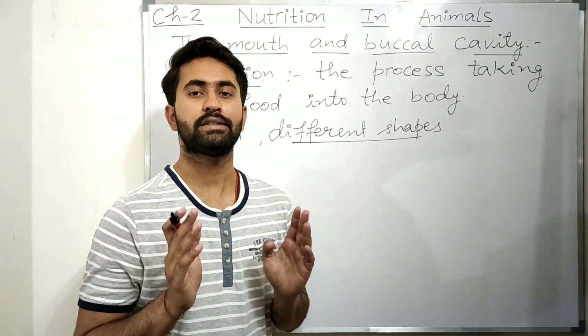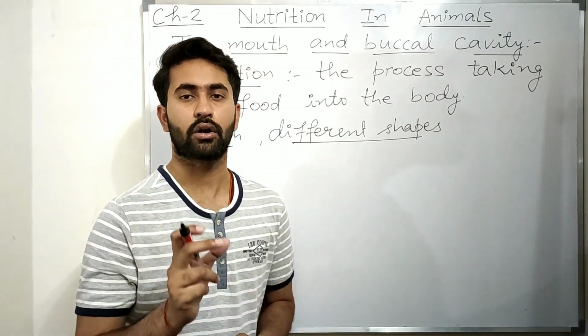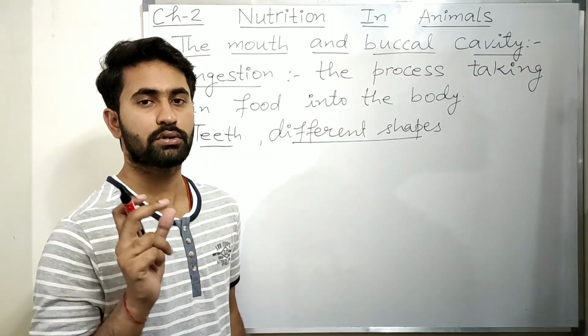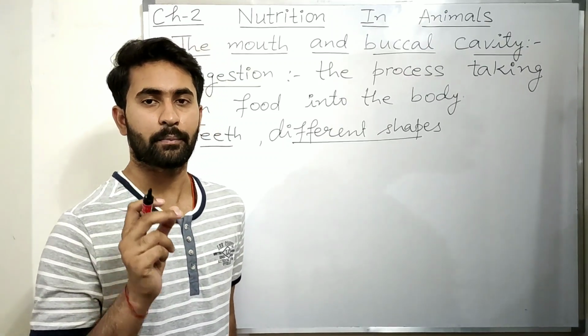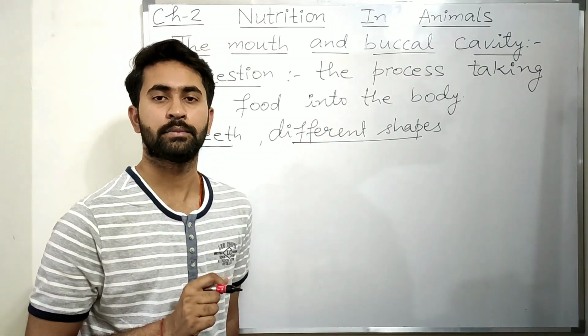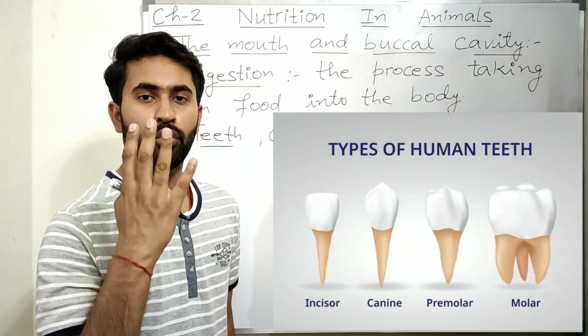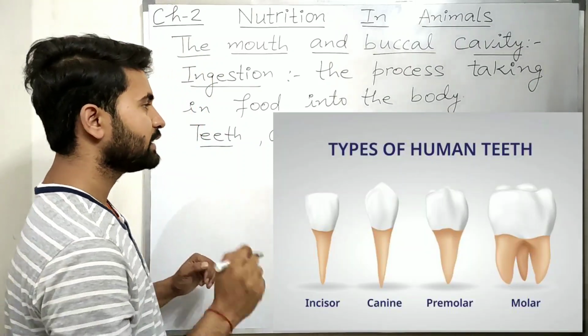Each tooth is rooted in a separate socket in the gums. And there are 4 different types of teeth.